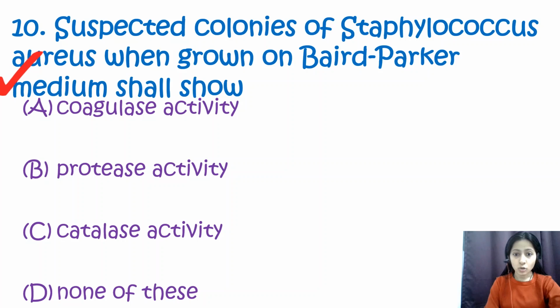That is option number A. This Baird-Parker agar is a selective as well as a differential medium which is used for the isolation as well as the enumeration of coagulase positive Staphylococcus in food. So my correct option is option number A.